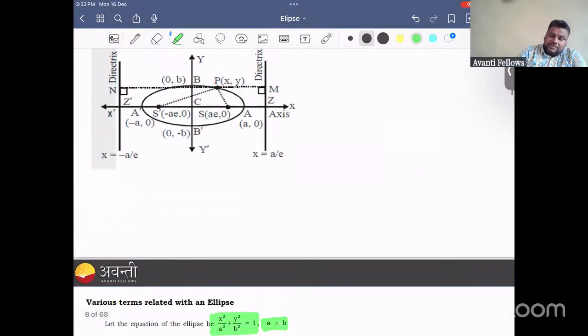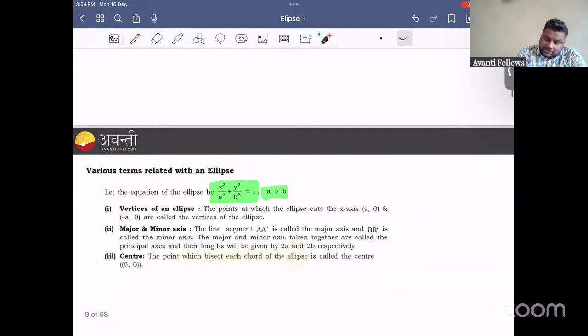So the vertex of an ellipse. Now what are vertices? Vertices are points where the ellipse intersects with the line joining the foci. So this is the line joining the foci. Now here at A and A dash, this ellipse is intersecting with the x-axis. So the vertex is the point at which the ellipse cuts the x-axis, or the axis of the ellipse, I should say.